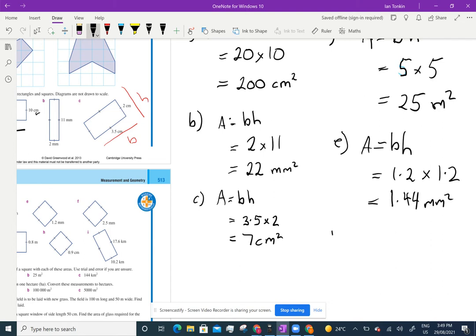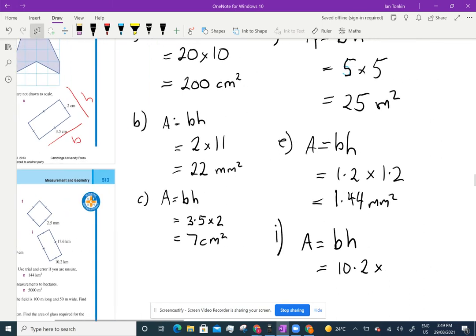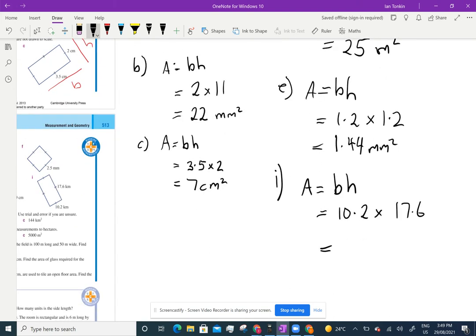Now you can keep going with these. I'm going to jump down to I, which is the last one. And what have I got? It's a rectangle or a square, same formula. Base, height. What's a base? 10.2. What's the height? 17.6. Multiply them together.